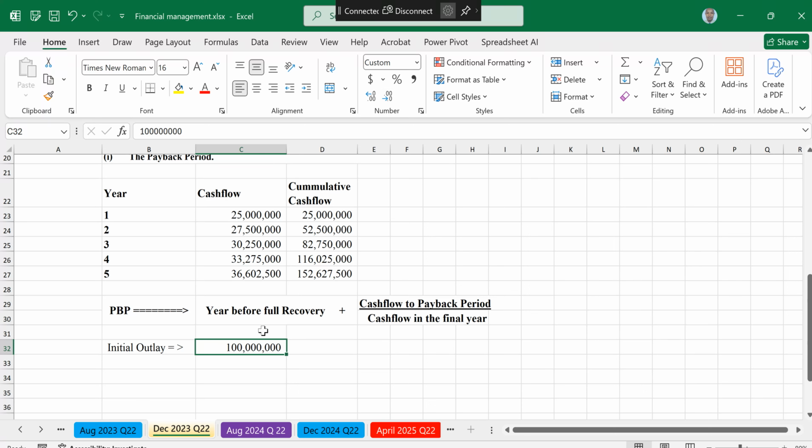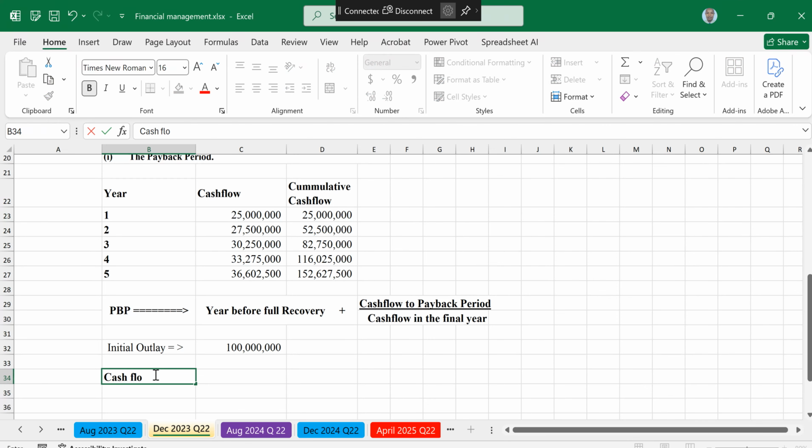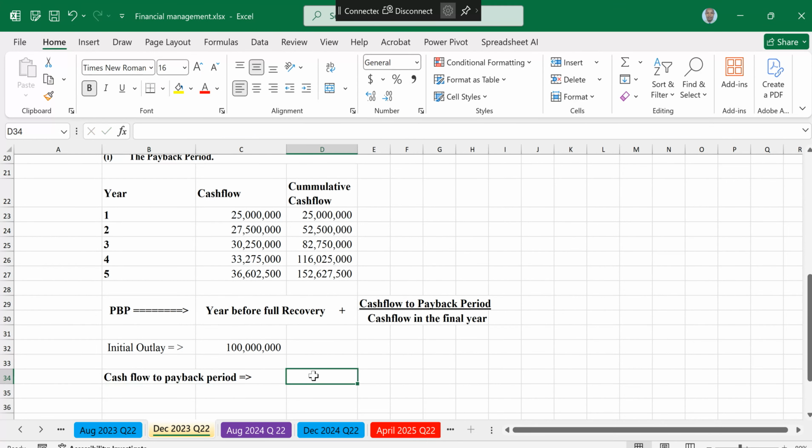Now we are going to get the cash flow to payback period. That would be equal sign. What minus what? I've forgotten. Somebody help us, we are stuck. Yes, Emma.